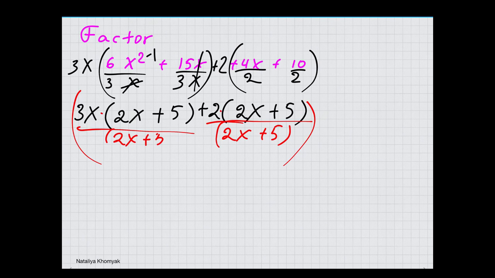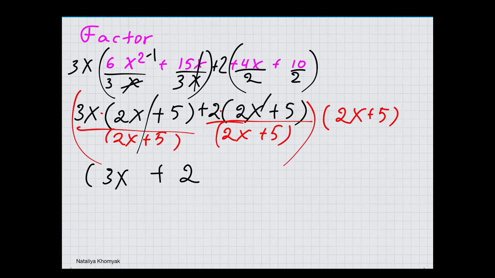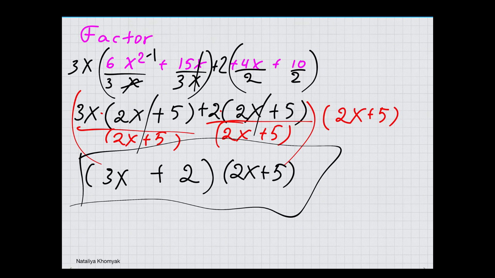Whatever goes in the denominator has to go on the outside. So we have 3x, this is 1, plus 2, this cancels into 1, times 2x plus 5. And this is our solution.